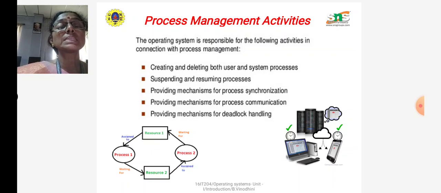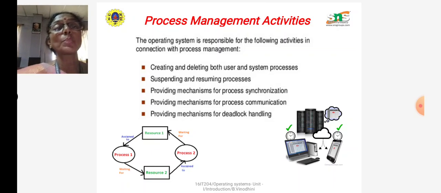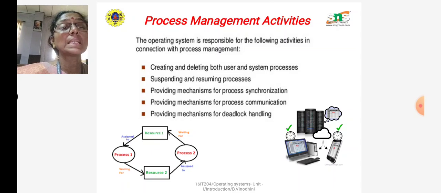That process cannot get the requested resource until the executing process releases it. Both processes are in the waiting state, and that problem is called a deadlock. It can be avoided through mechanisms provided by the operating system. So these are all the process management activities. Other than that, it does scheduling and maintains the scheduling algorithms for accessing the CPU.